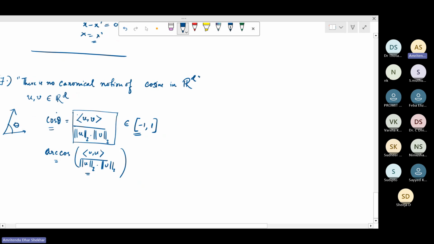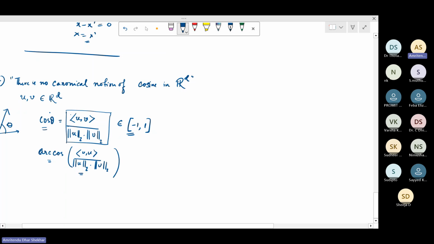I guess there can be multiple ways of solving it, but let's see. Let's take u and write it as the vector u1 to ud in the standard basis, and v as v1 to vd, again in the standard basis.